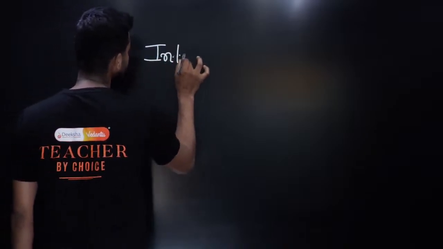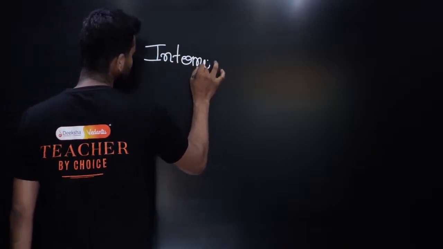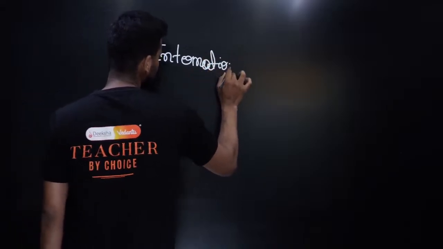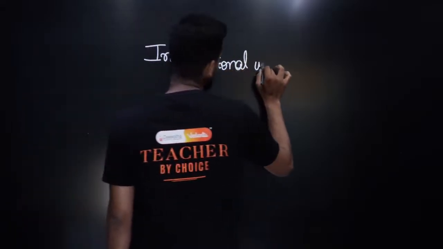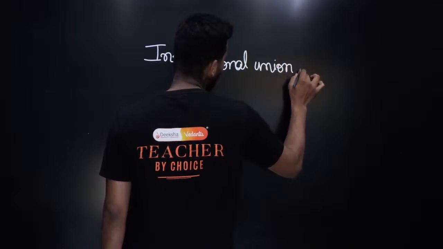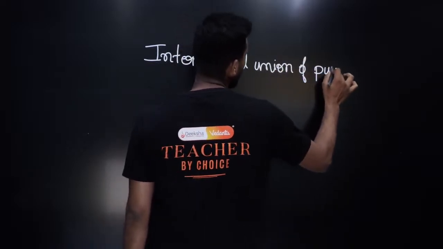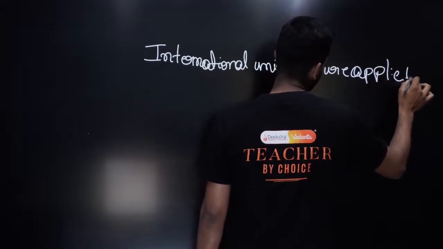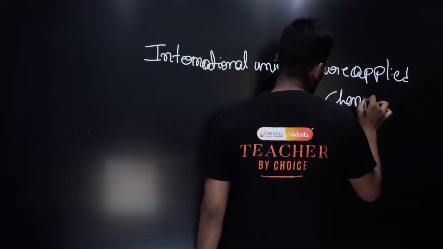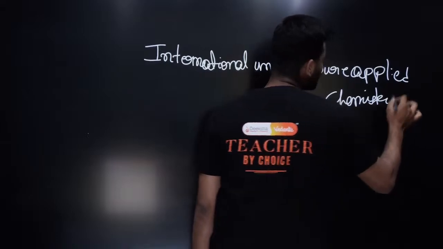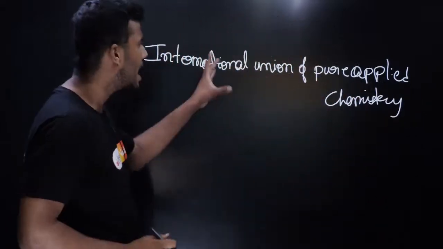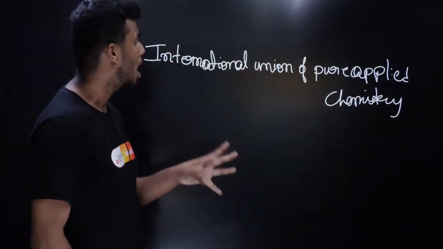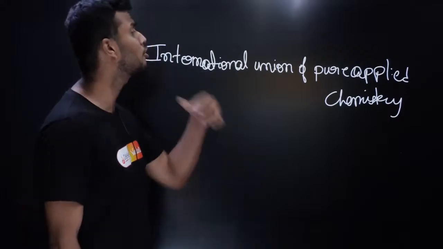International Union of Pure and Applied Chemistry. Students, I will simply summarize the topic, and give a few simple tricks on how to find the IUPAC name for any compound.